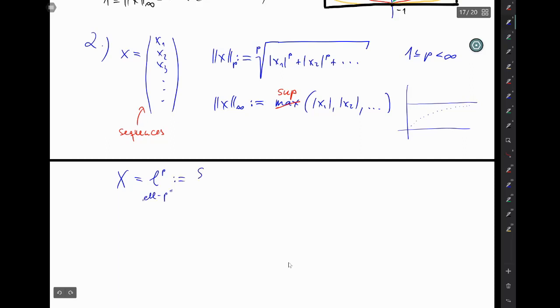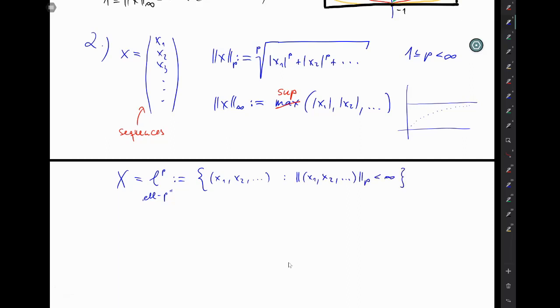And define it as the set of all of these sequences. And well, for sequences, we then like to write them like this, where the p norm exists and is a finite number.